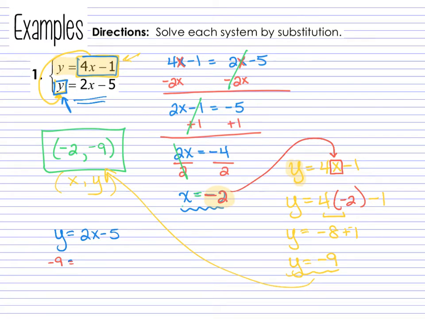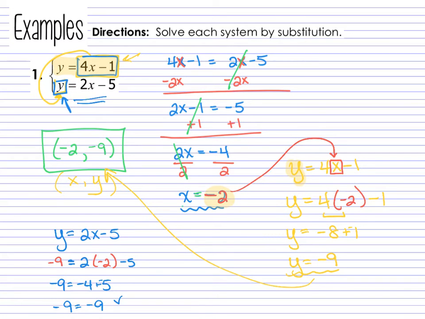So we've got -9 equals 2 times -2 minus 5. So I took my x and my y and I plugged them in. So now that says that -9 equals -4 minus 5, or this is plus a -5. -9 equals -9, which is true.